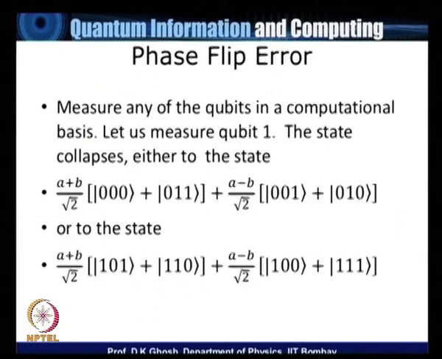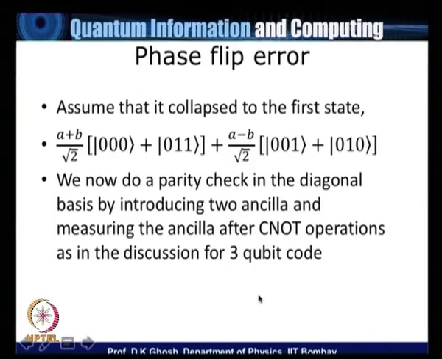So the first state, as I had shown you here, is a plus b by square root of 2 times 0 0 0 plus 0 1 1, plus a minus b by square root of 2 times 0 0 1 plus 0 1 0. So now what we do is this, that we need to do a parity check in the diagonal basis.